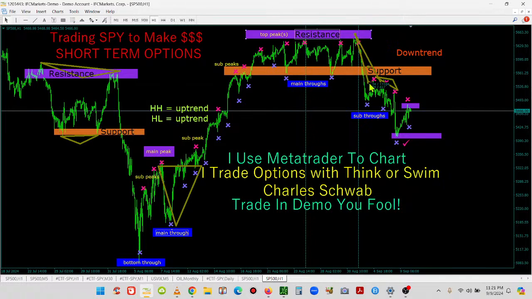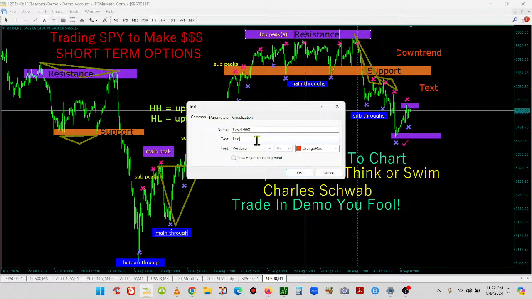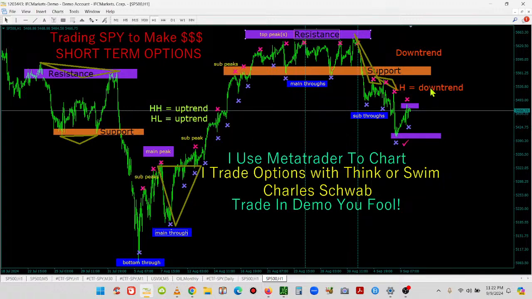So right there, you have LL and LH. So lower highs and lower lows. Lower highs equals what? Downtrend.